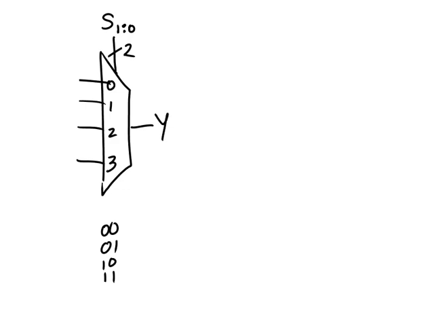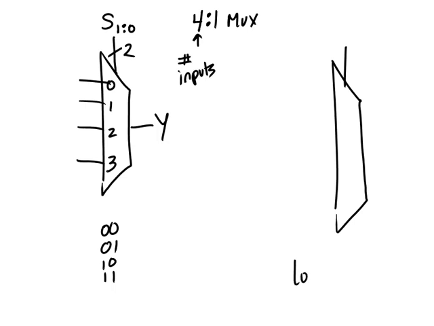This is called a 4-to-1 mux. We're choosing between 4 different things. This is the number of inputs. So if we wanted an 8-to-1 mux, how many select lines would we need? Well, log base 2 of 8 is 3.